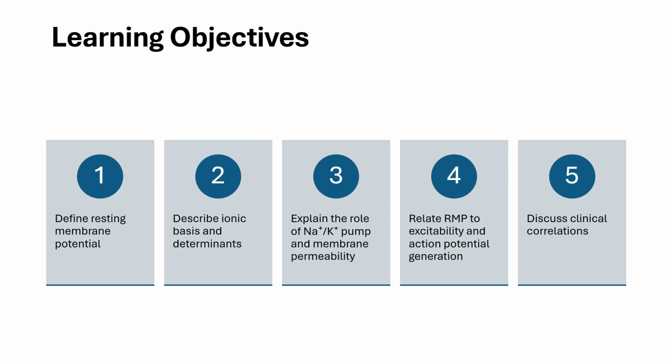Fourth, relate the resting potential to cellular excitability and action potential generation, because this baseline voltage is what allows excitable cells to respond swiftly when stimulated. And finally, we'll discuss clinical correlations. So keep these objectives in mind as our guideposts.